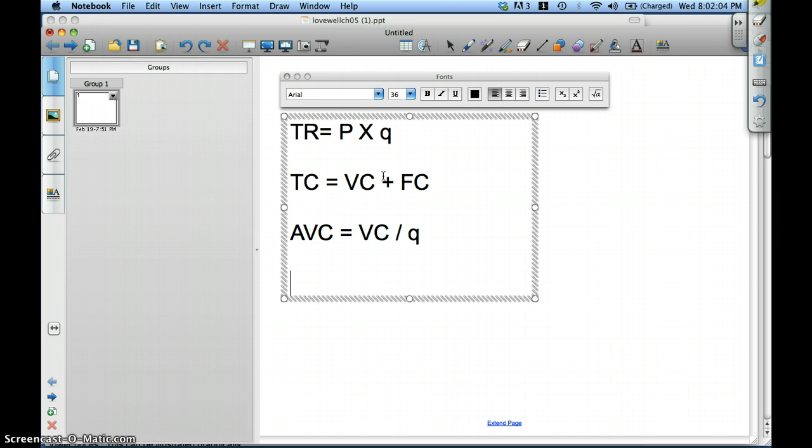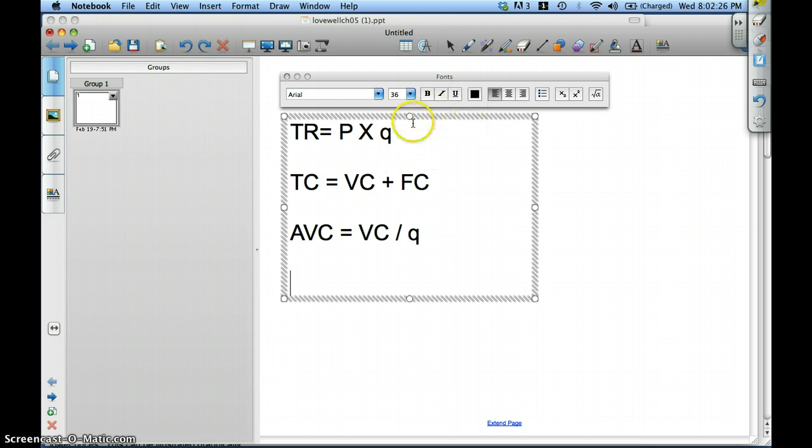The variable costs equal average variable costs multiplied by quantity. Then it's possible to establish a relationship between price and average variable cost by looking at the formula for total revenue.